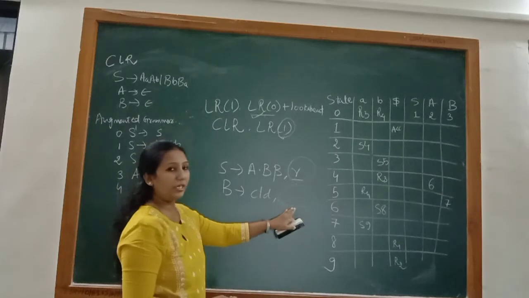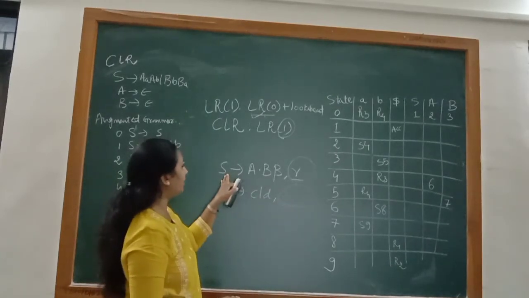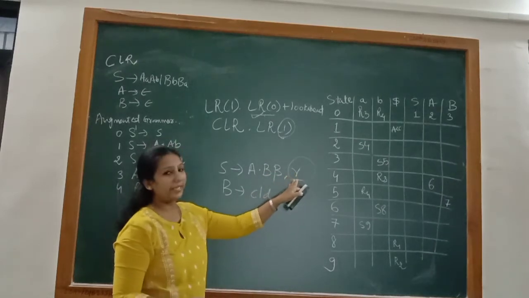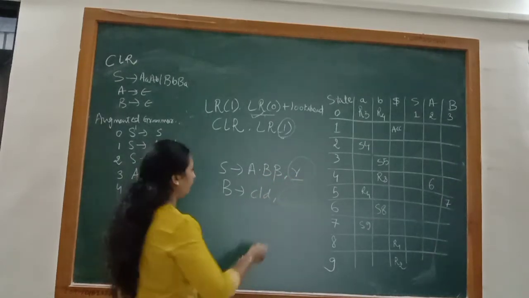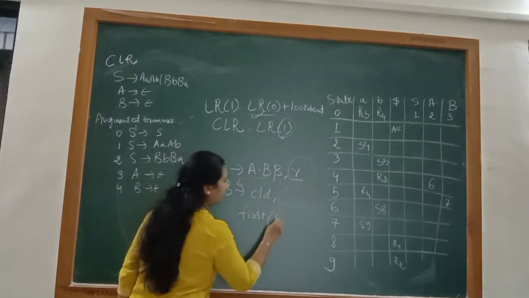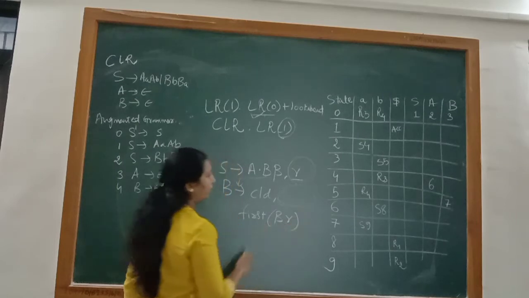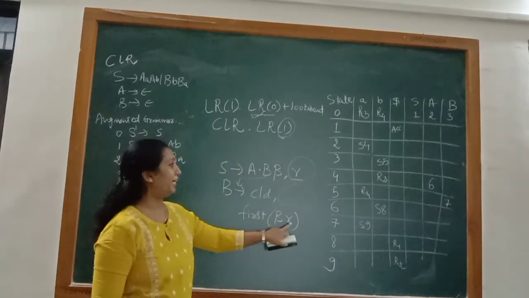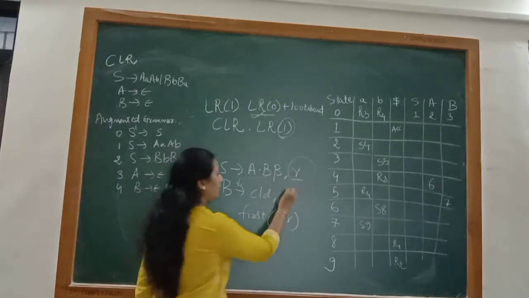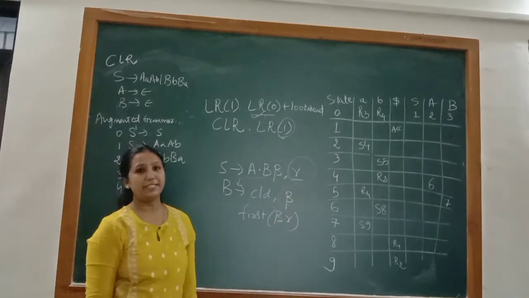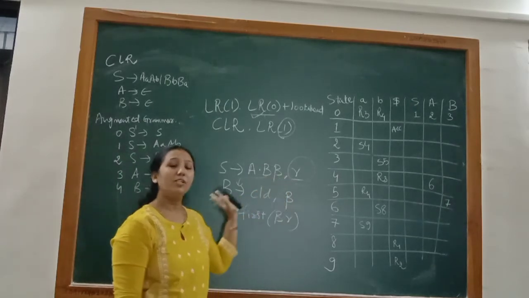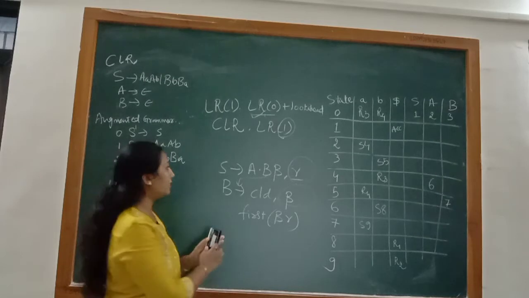To calculate a lookahead, we have a formula: if there is a production S to A dot B beta, comma gamma, the lookahead for the production of B would be first of beta gamma. If beta is a terminal, it would be beta itself. Using this rule to calculate the lookahead, we will solve the CLR example.